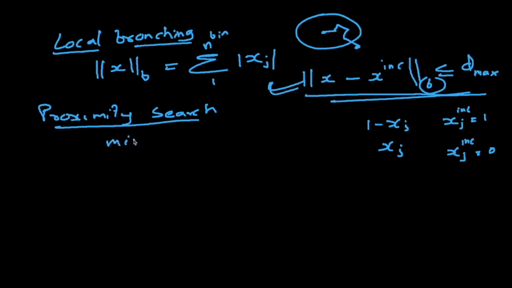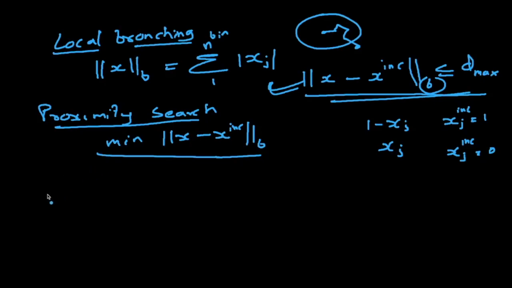We just say minimize the binary norm of x minus x incumbent. That's it. My objective has been changed. The original objective I'll throw away, or maybe I'll add it as some convex combination between this and the original objective, but mostly I'll be just using this one. So that's the idea of proximity search, and it's very similar to local branching.